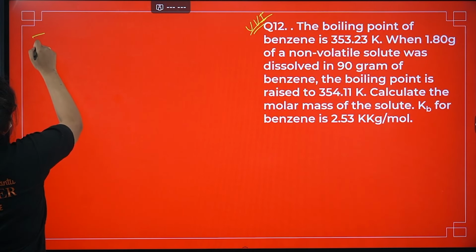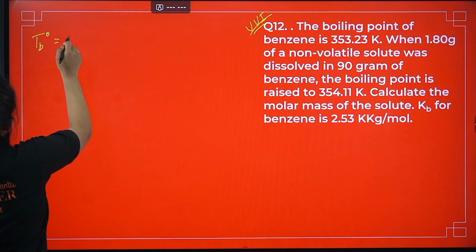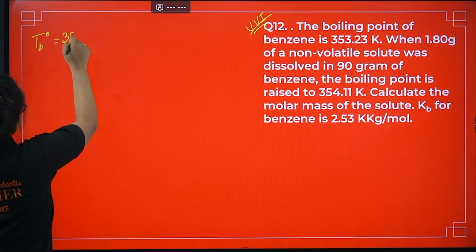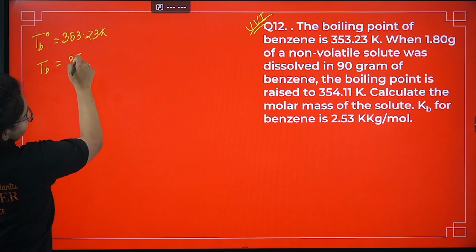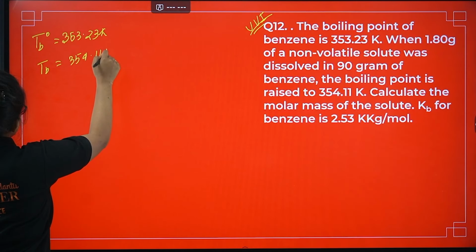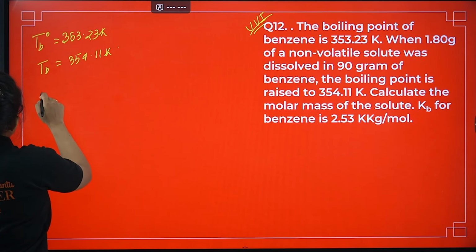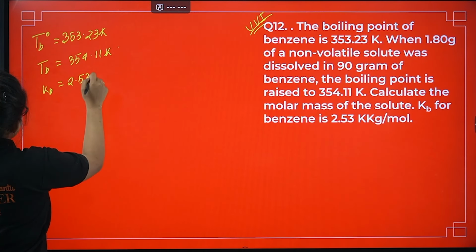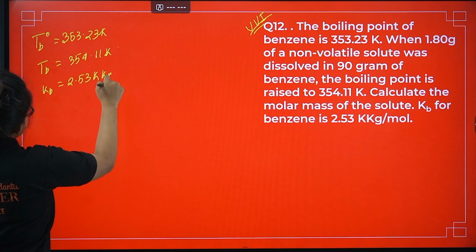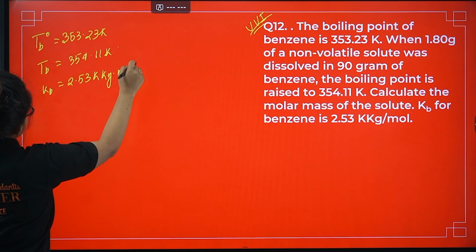See what the given things are. Let's write Tb naught, which is given, that is 353.23 Kelvin. Tb is also given, that is 354.11 Kelvin. Kb value is also given, Kb is basically 2.53 Kelvin kg per mole.